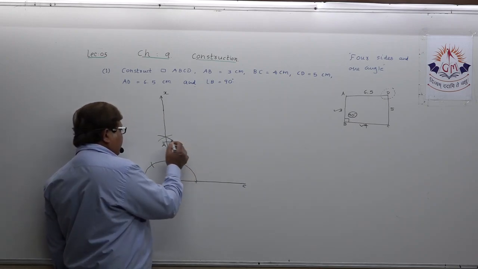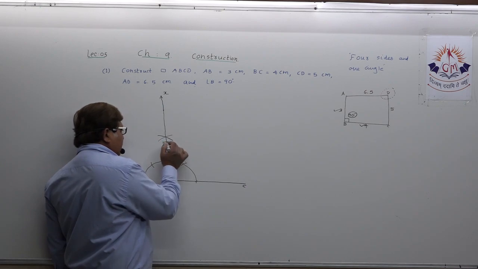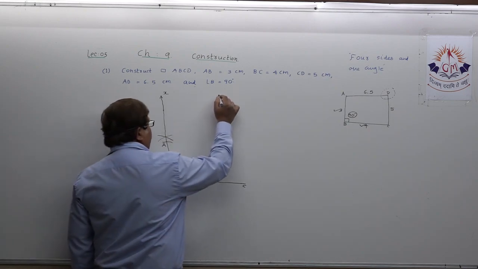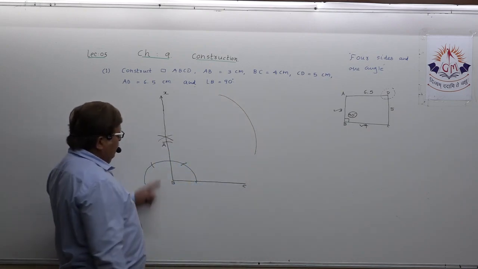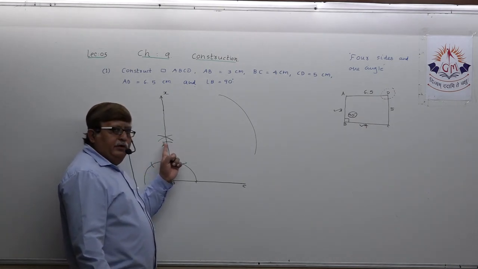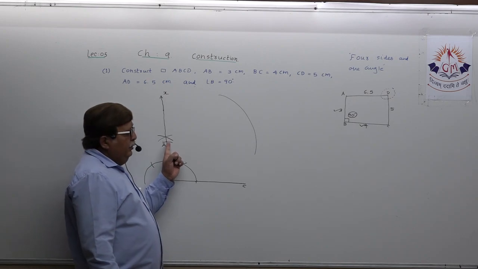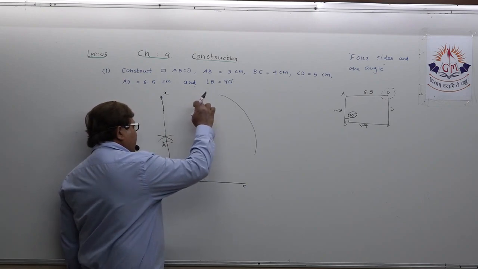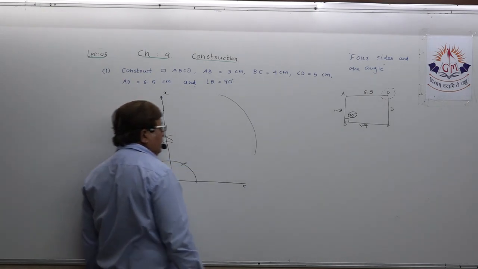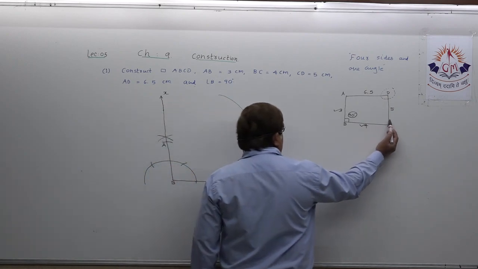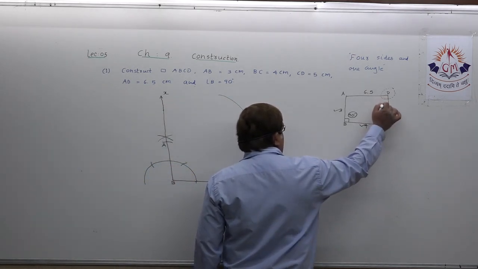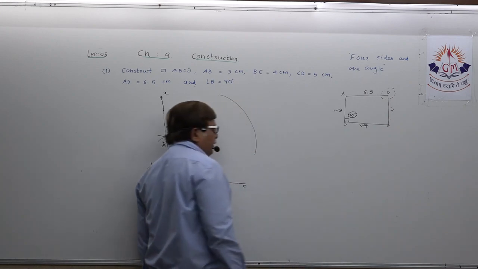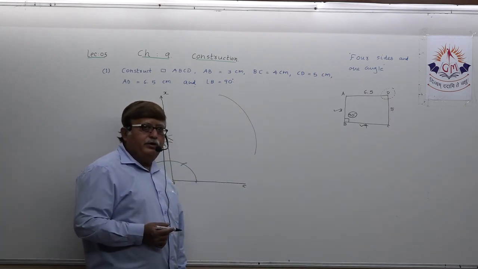After taking radius of 6.5 centimeter, center your compass at A and draw an arc. Centering your compass at A, taking radius 6.5 centimeter, draw one arc. Now targeting this one, taking radius of 5 centimeter, centering compass at point C. Please do at home.